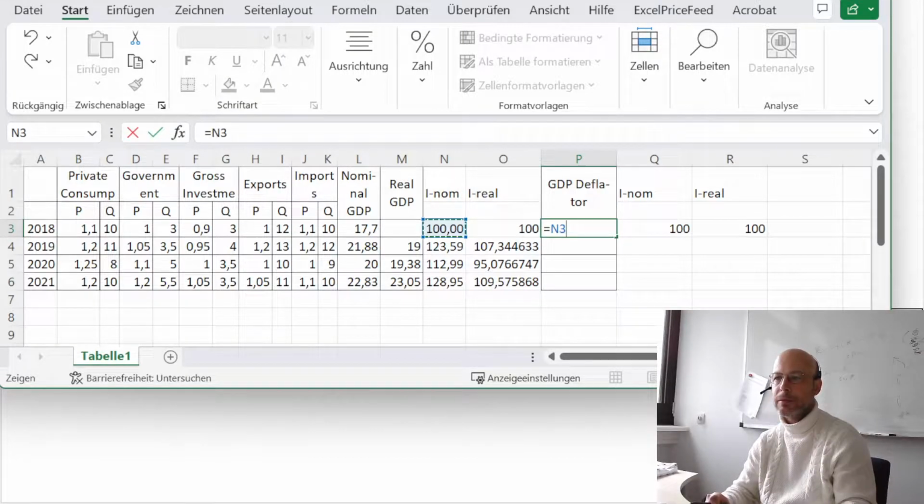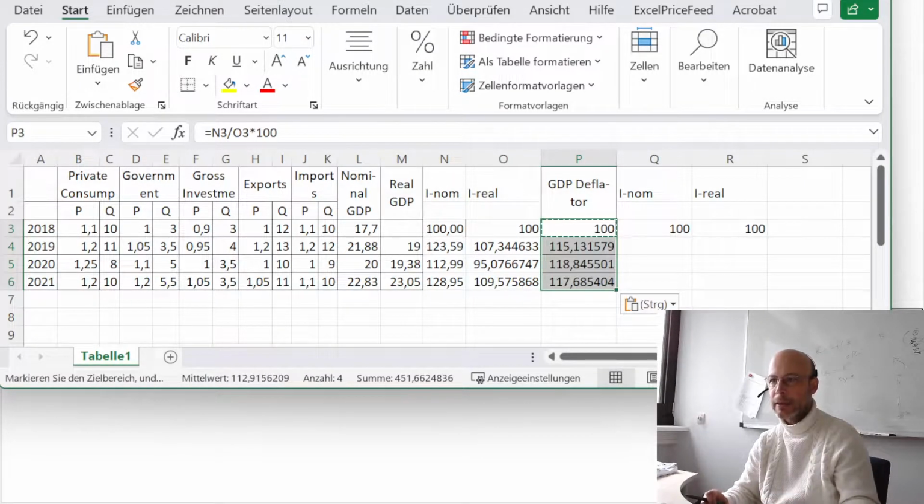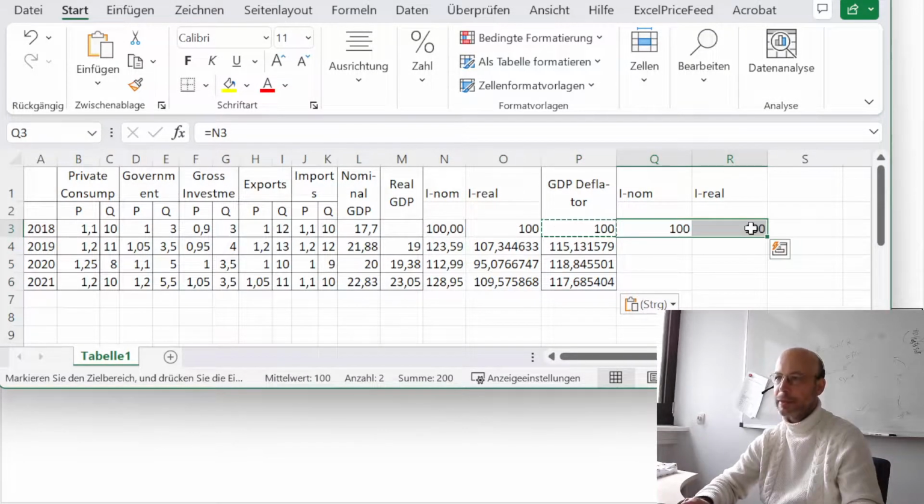So this one over this one times 100, and in this case we obtain these values of the GDP deflator.